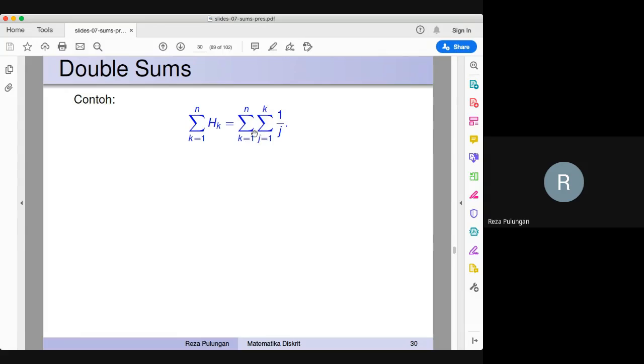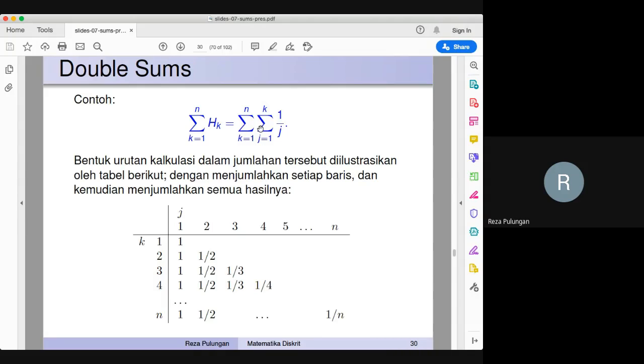But you have to understand the order of this sum. What does it mean? Well, let's look at this table. This is when I vary j. So when j is equal to 1, 2, 3, 4, 5, this column basically means that j is varied from 1 until n. So this is j.